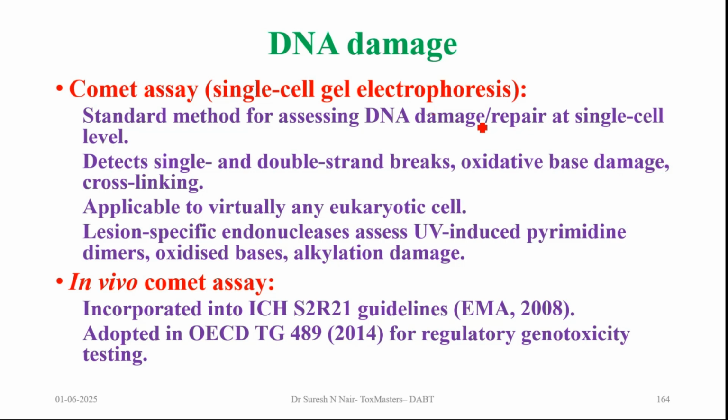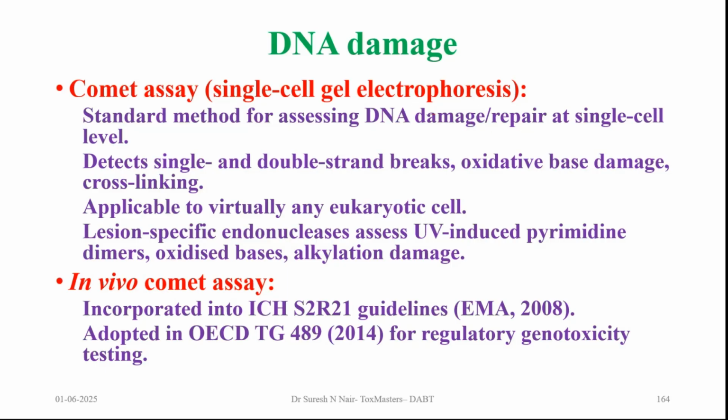So when we take the photo with ethidium bromide or acridine orange, you will get a clear comet-like appearance. The tail of the comet will be formed by the fragments of the nucleus, and the bulk nucleus will give the center of the comet.